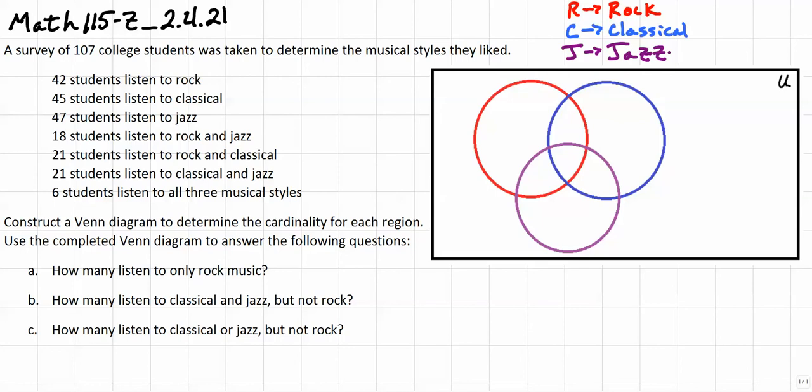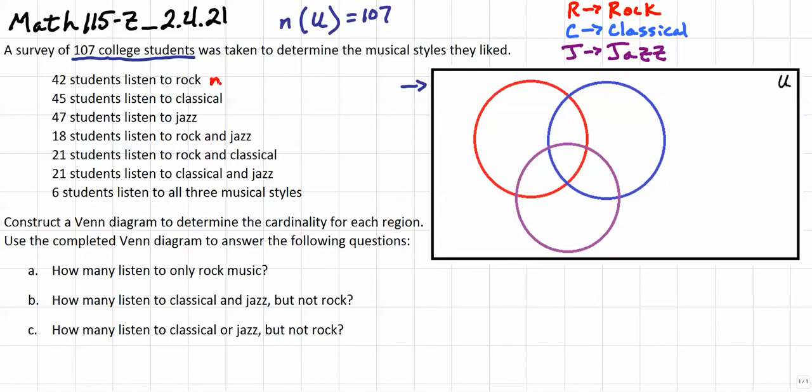So let's establish the cardinalities of sets. First, let's understand that this right here, 107 college students, is the cardinality of the universal set. So everything that will be contained in this rectangle must sum to 107.